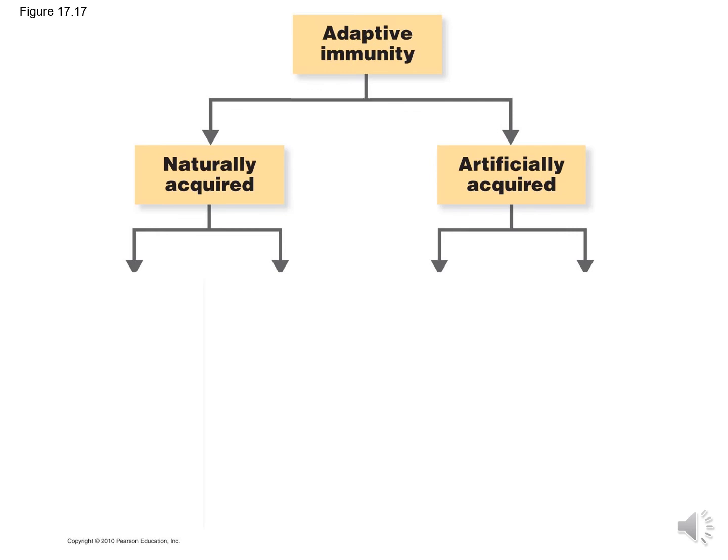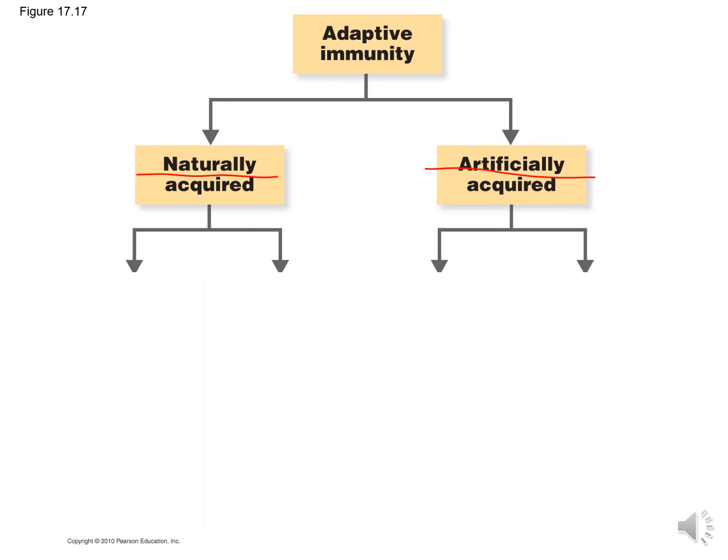So natural and artificial. Natural means that this immunity is acquired in a natural way, part of the normal experience. Artificial means that there is medical intervention, which usually means there's some sort of injection. So those are the first 2 terms you need to know: naturally acquired immunity and artificially acquired immunity.